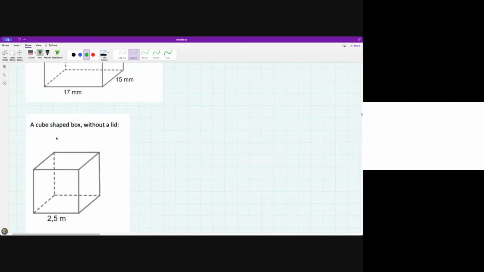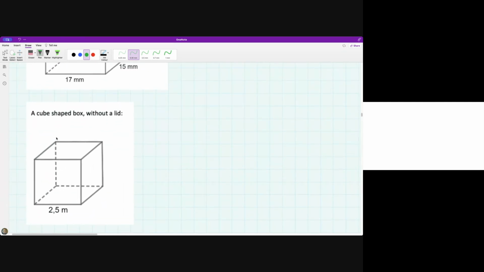Can you find me the surface area of a cube-shaped box without a lid? There is no lid. This top bit here is empty, open. What is the surface area of this cube-shaped box without a lid?